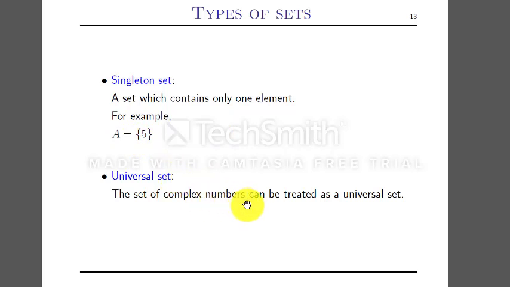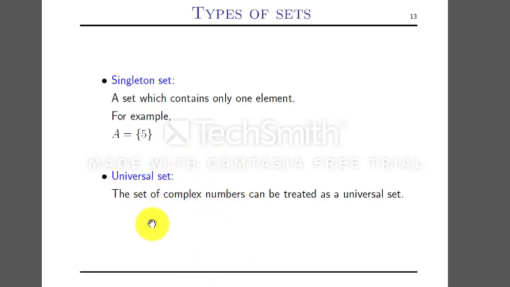Universal set. The set of complex numbers can be treated as a universal set. A universal set is a more generalized, bigger set, which contains all the sets inside it. The set of real numbers is a subset of the universal set, because in my last lecture I discussed that the set of real numbers is a special subset of the set of complex numbers. So in terms of number systems, the complex number system is larger than the real number system.